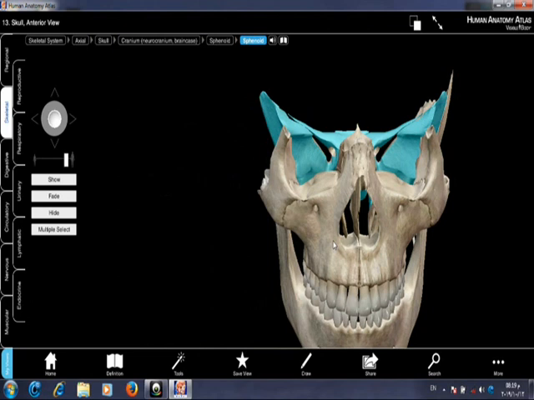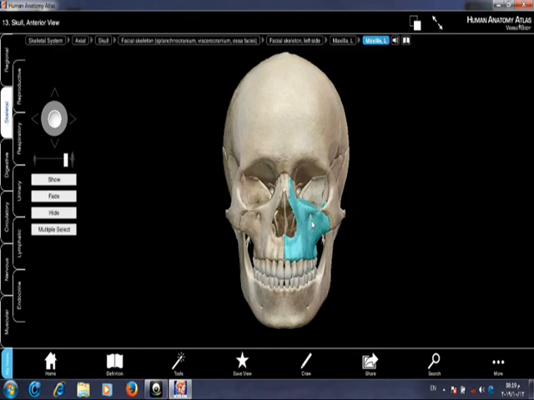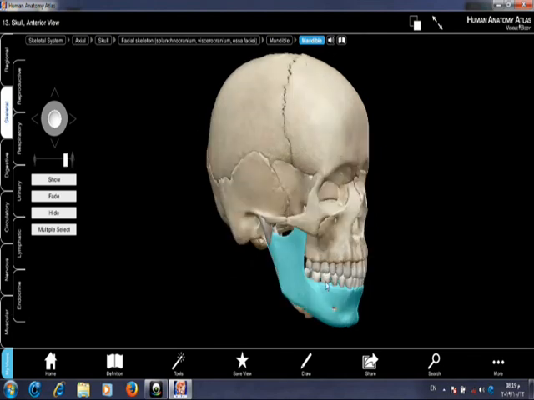Now we will come to explain about the skull. This is called the maxilla. This maxilla is here, and this maxilla also is here. This is the right maxilla. This is called the mandible.